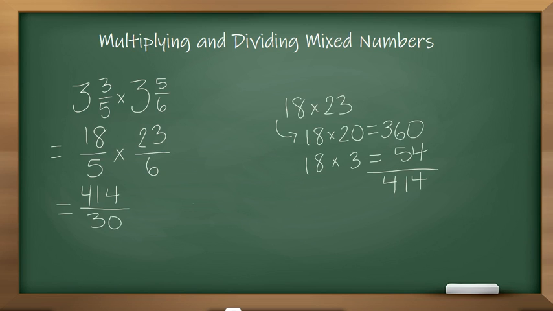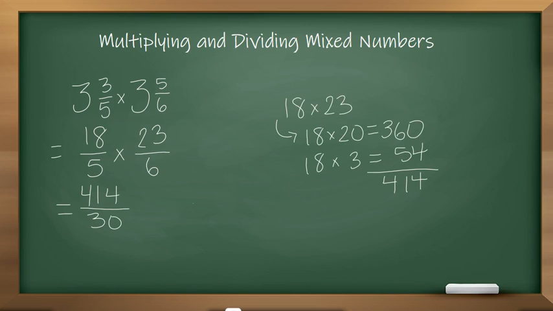Next, I'm going to try to simplify my fraction. So for that, I'm thinking, how many times does 30 fit into 414? As an estimate, one of the first things I'm thinking in my head is ignoring the last 2 digits and thinking, how many times does 3 go into 41? And that would go in 13 times.